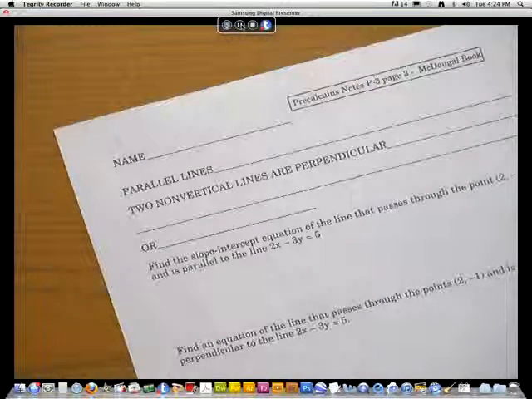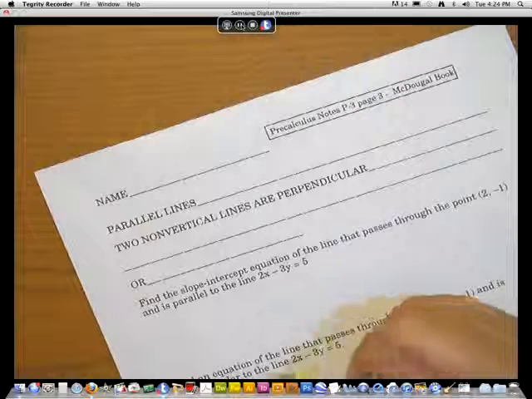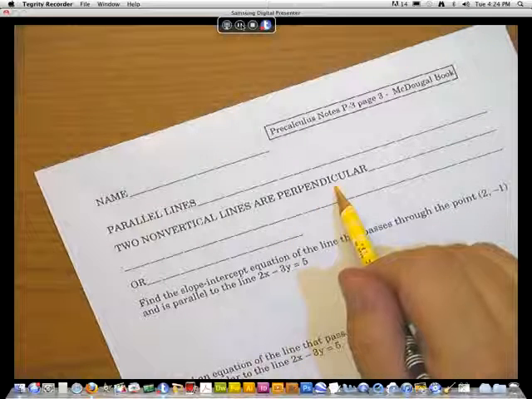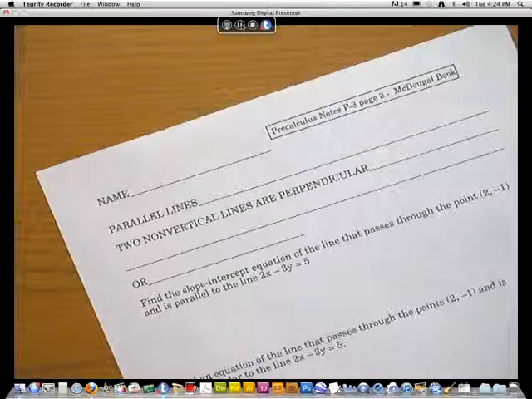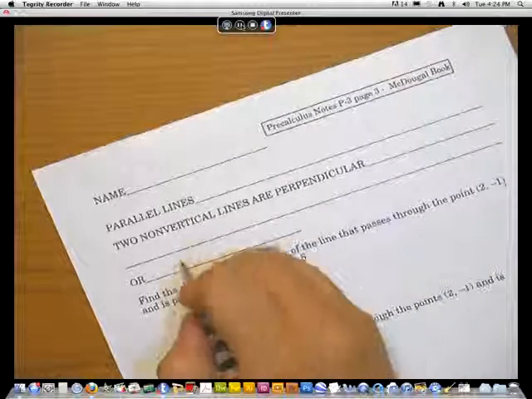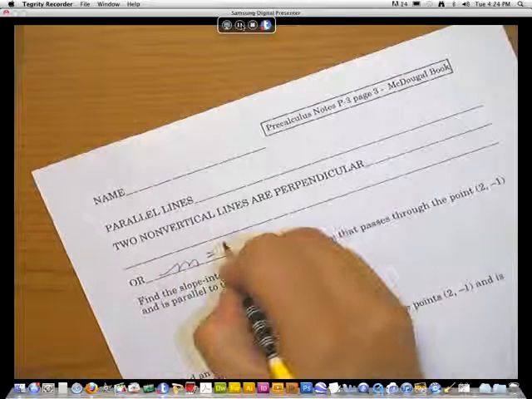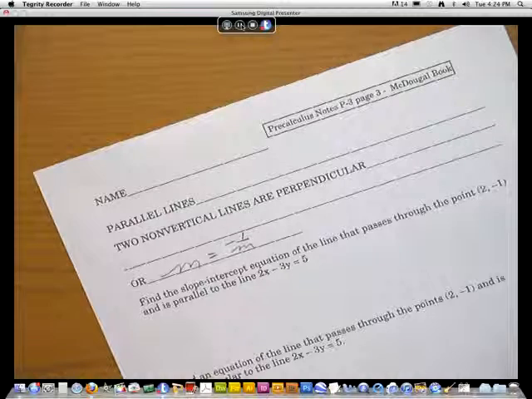Now we get to talk about parallel lines. For parallel lines, you should get from the book that the slopes are the same. Perpendicular lines are if and only if slopes are negative reciprocals, page 31. One thing I do want to point out is that if you have a slope, the perpendicular is the negative reciprocal of that.